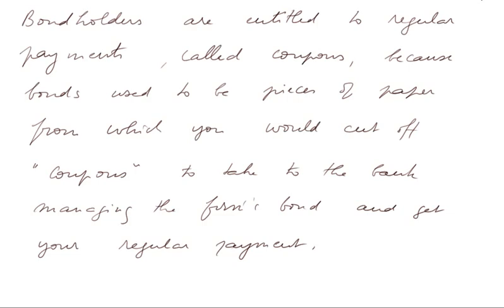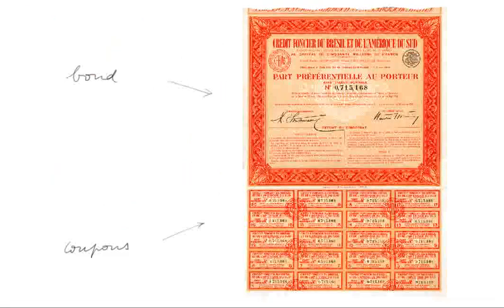Bondholders are entitled to regular payments. They are called coupons, because bonds used to be pieces of paper from which you would cut off coupons to take to the bank managing the firm's bond, and get your regular payment. Here's the way a bond looks. This is a kind of bond.